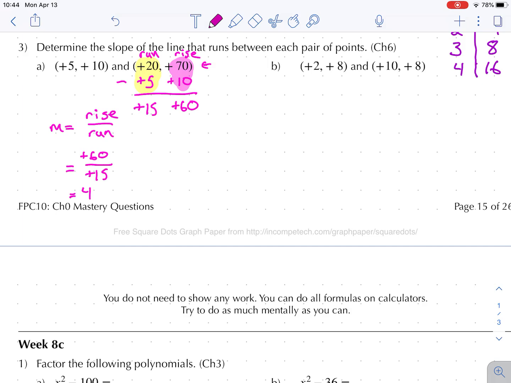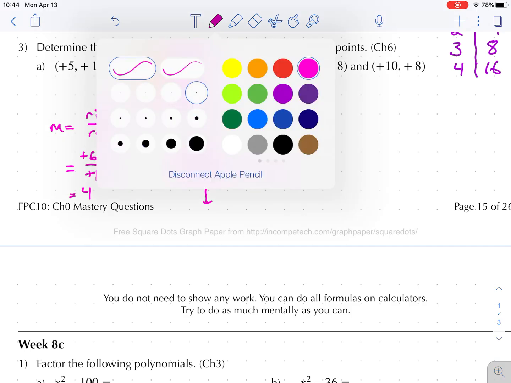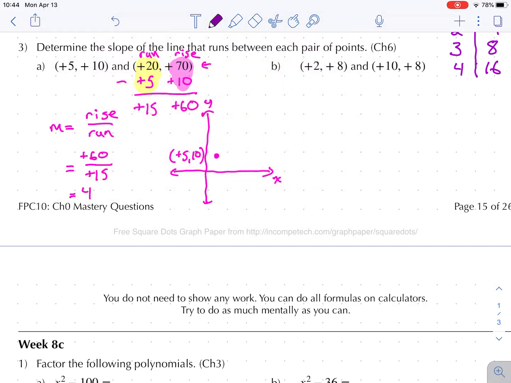Now I'll show you how this works really quickly. If I draw my Cartesian plane, here's my x, here's my y. My first point is at plus 5 plus 10. We'll say this is plus 5 plus 10. And then my second point is right here at plus 20 plus 70.